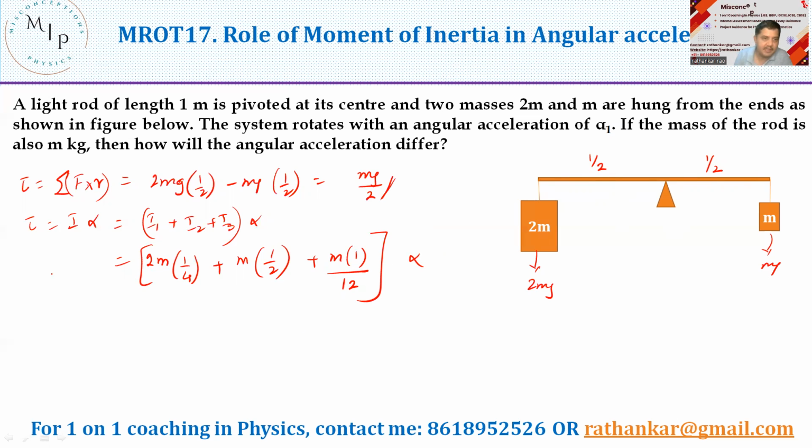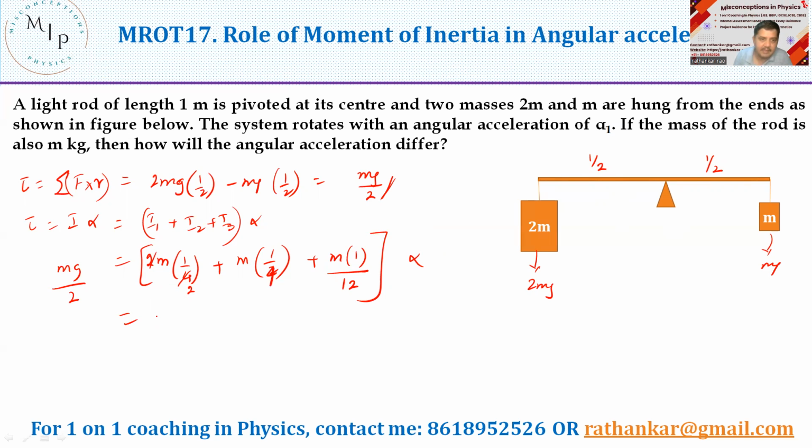So what do you get here? You get mg by 2. And here this should be 2m into 1 by 4, plus, I'll cancel this also. Are we doing it correctly? Just a minute. M into 1 by 2 whole square, right? This should also be 1 by 4. So now we have 2m, sorry, I have already cancelled this.